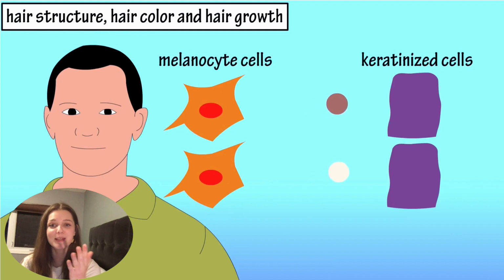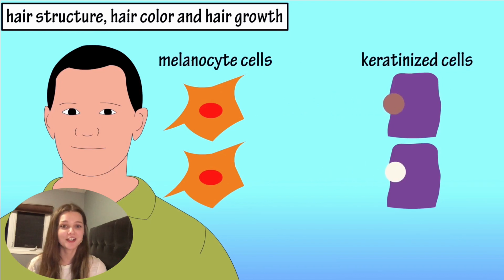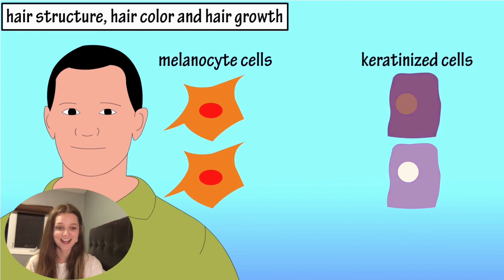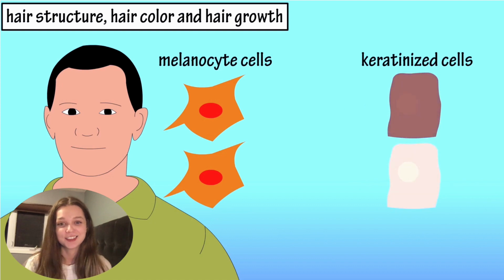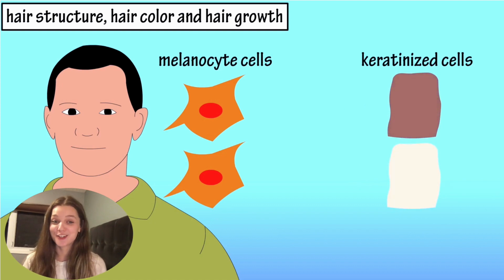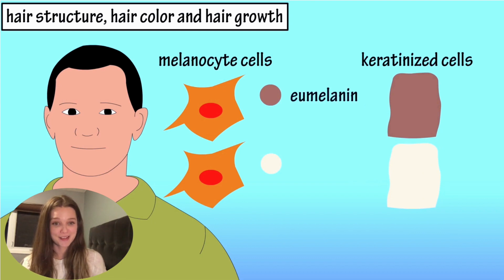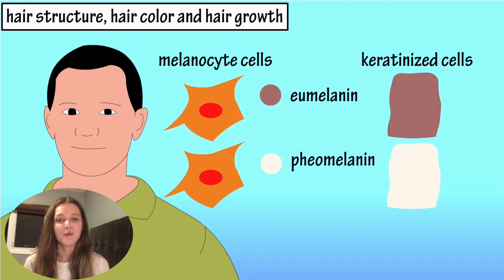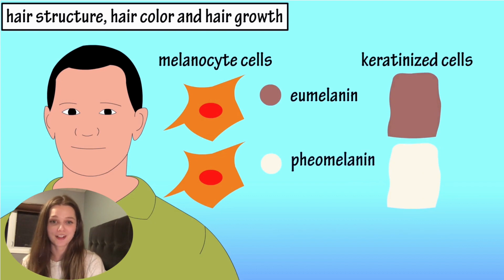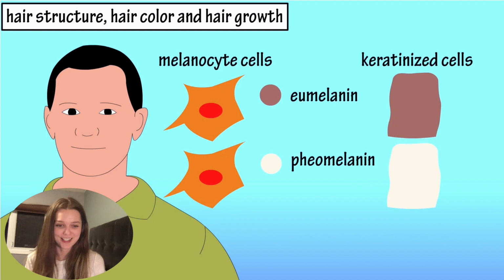Melanocytes release the pigment melanin, which enters the keratinized cells and gives the hair its color. There are two types of pigments that are released: a dark eumelanin and a lighter pheomelanin, which blend to form a wide range of colors, as everybody has different colors of hair.